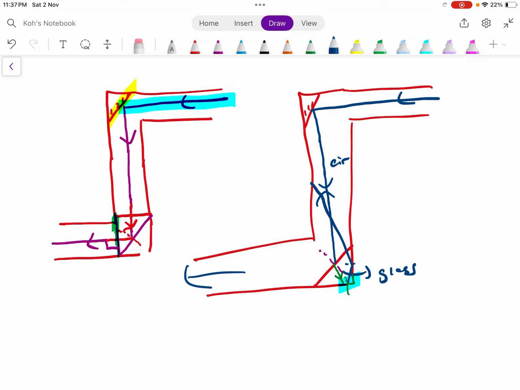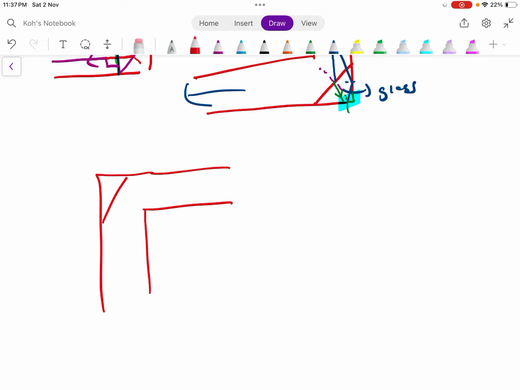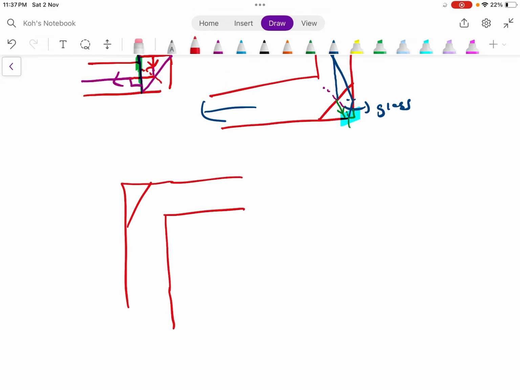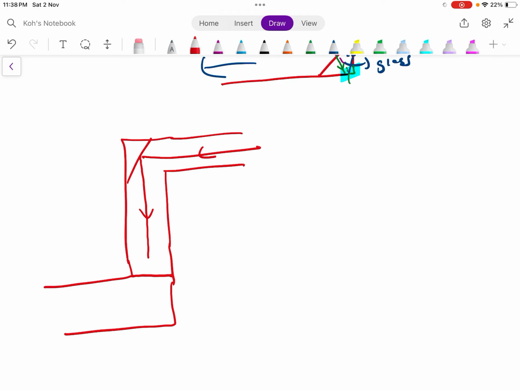Then let's talk about C as well, since I'm recording. C is like that. For example, there is a mirror, and then after that a prism right here. This is a reflection, and this is a light. For C, the surface is like that.